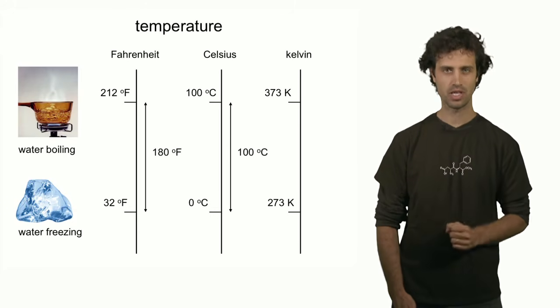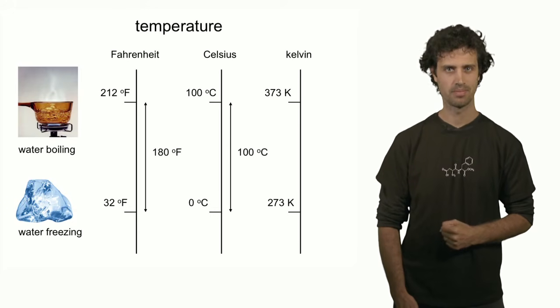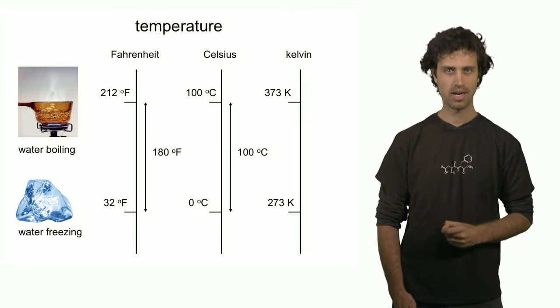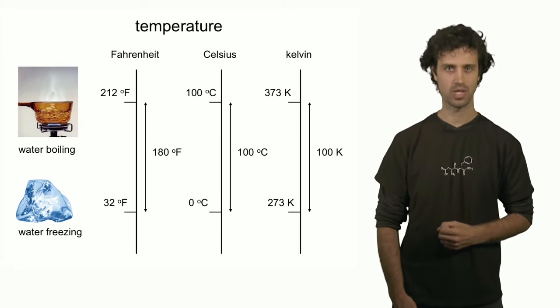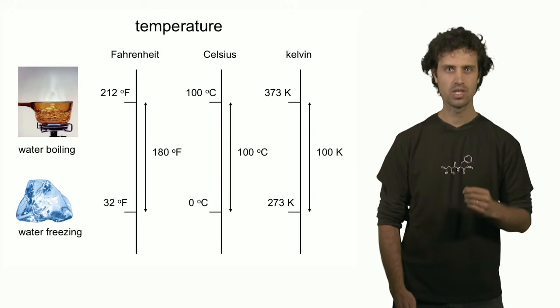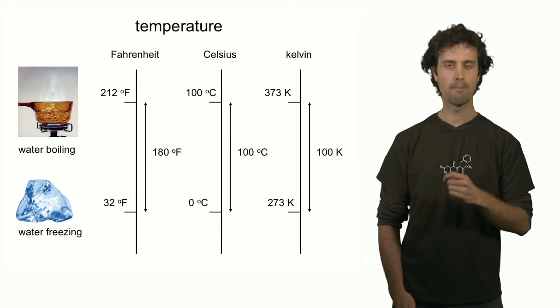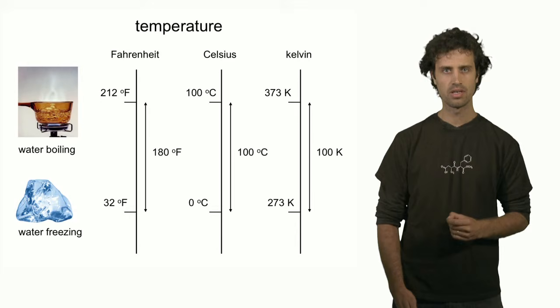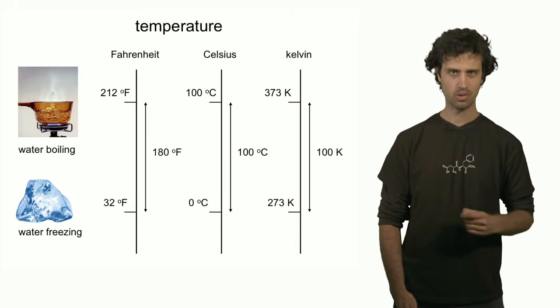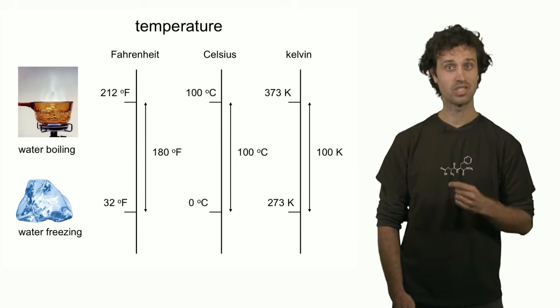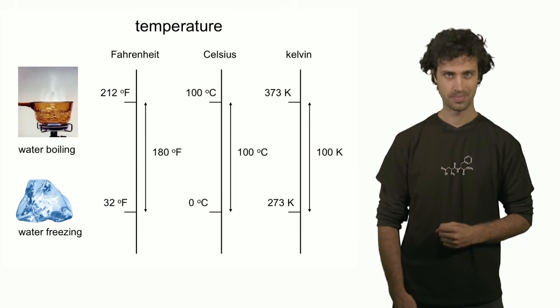The Kelvin scale is related to the Celsius scale, in that the boiling point of water and the freezing point of water are separated by 100 units. However, the unit of Kelvin has a value which is 273 more than the value of Celsius. The Kelvin scale relates to the absolute zero temperature. The absolute zero temperature is exactly 0 Kelvin.